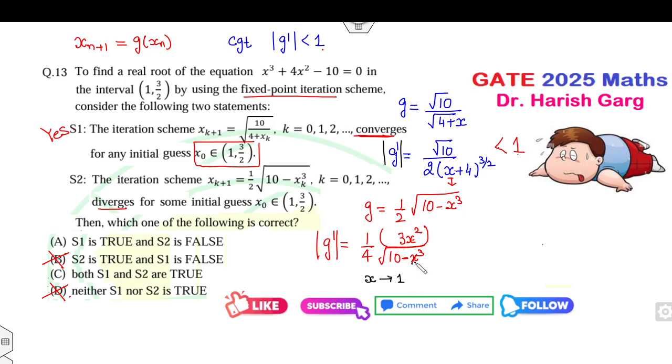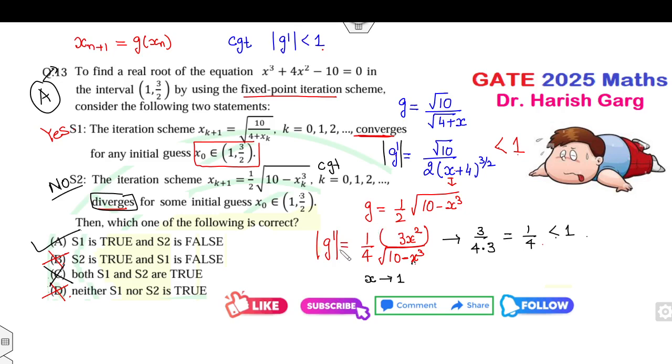When x approaches 1, this value will be 3 over 4 times root 9, and root 9 means 3, which gives 1 over 4, which is less than 1. So once it is less than 1, it means this is also convergent, but the statement says divergent. So that statement is false. So option C is cancelled, and option A is the right answer of this problem.